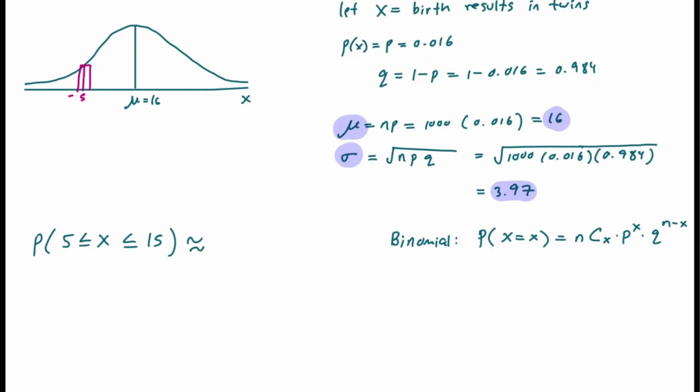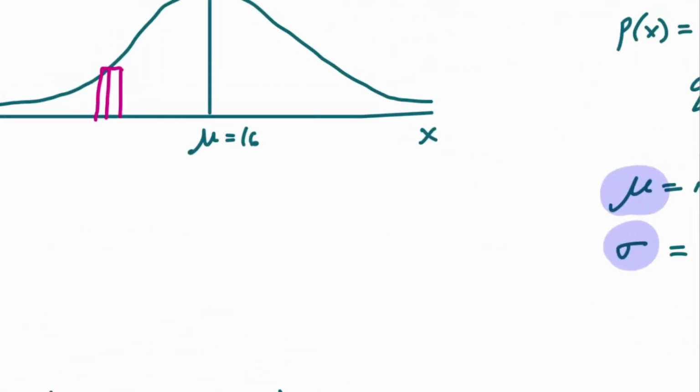Sorry, that's not 5.5. Apologize for that. This is 4.5. So I guess I need to zoom in a little. So this is the rectangle, or number of people who have the birth results 5 for this event. So this is going to be 5. Then this is 5.5, and this is 4.5. So you know the length of this rectangle is 1. So this is 4.5.